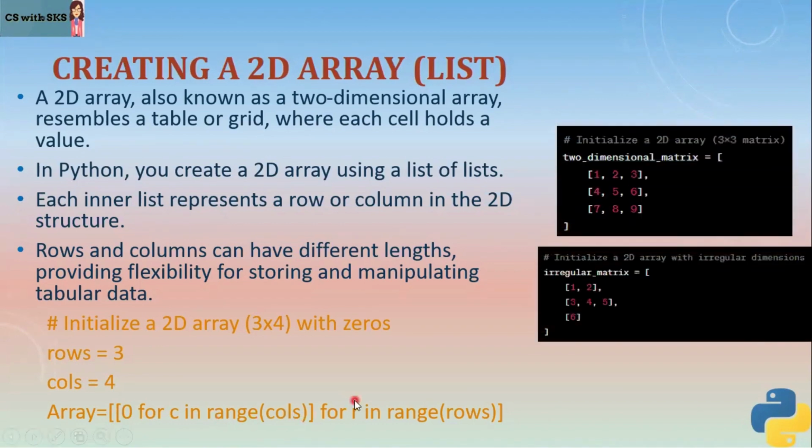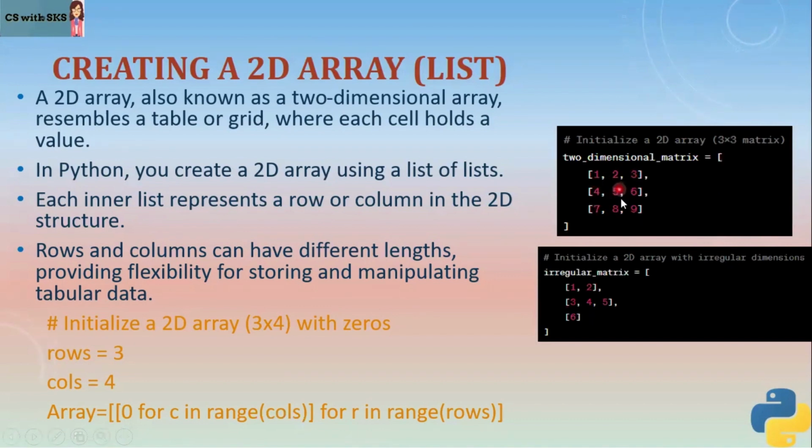Let's have a look at the example. This is a 3 by 3 matrix, a two-dimensional matrix. You can initialize it this way also, starting with 1, 2, 3, 4, 5, 6, 7, 8, 9. There are 3 individual rows: first row, second row, and third row.